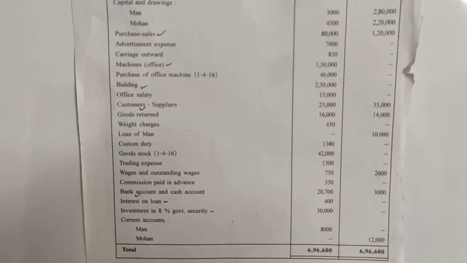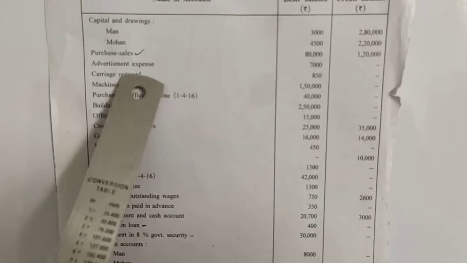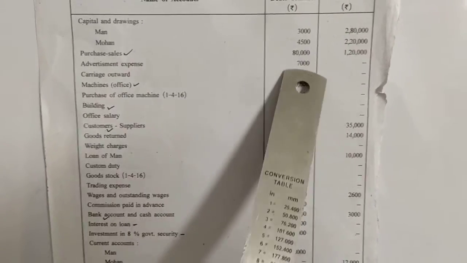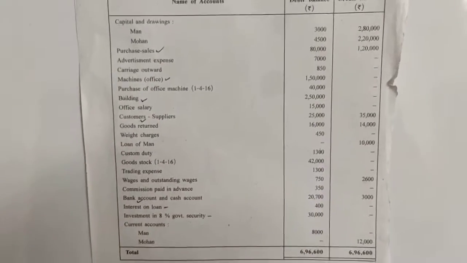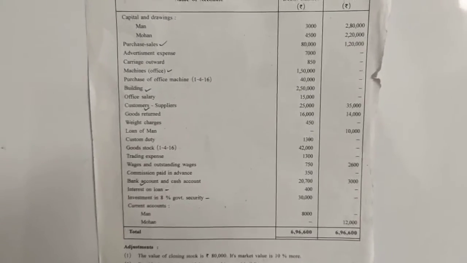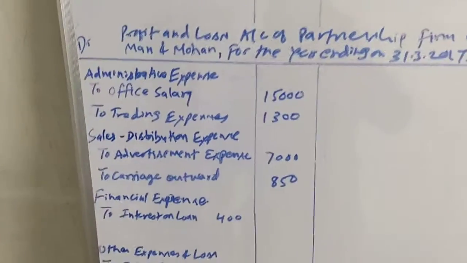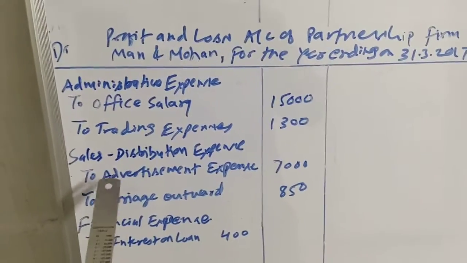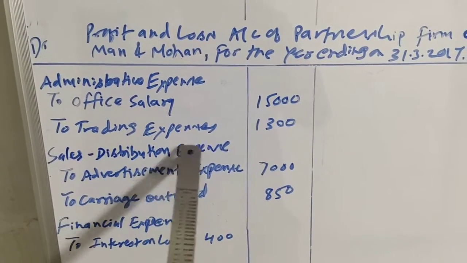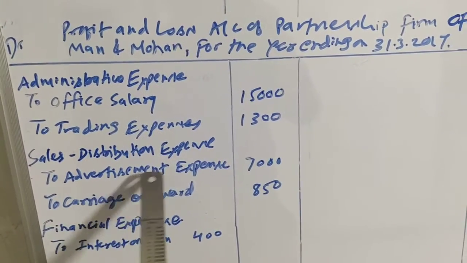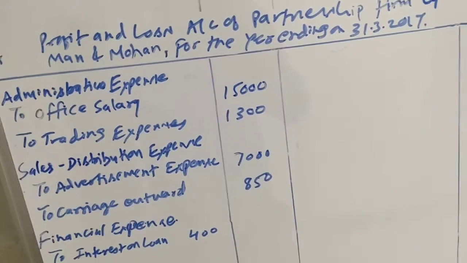Then the next item is advertisement expense 7,000. We very well know advertisement expense is a sales and distribution expense, so it will be debited to profit and loss account. Profit and loss account debit side, under the head of sales distribution expense, to advertisement expense rupees 7,000.